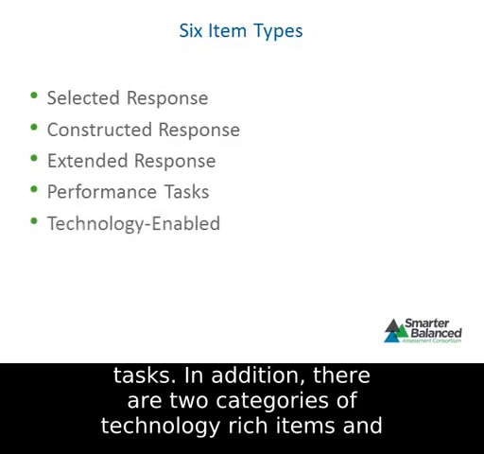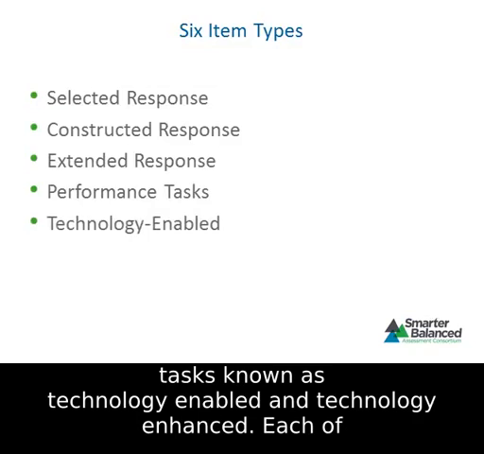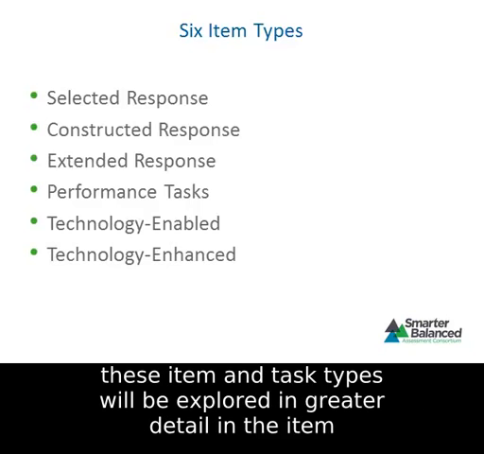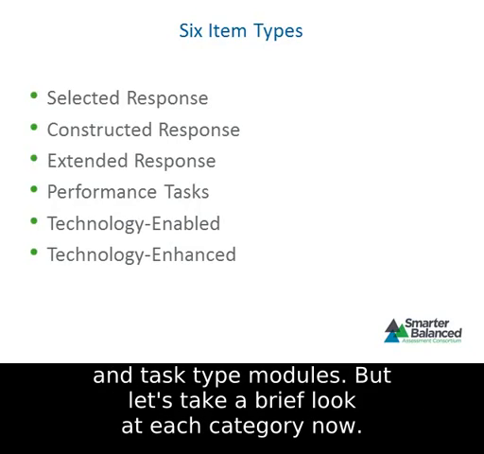In addition, there are two categories of technology-rich items and tasks known as technology-enabled and technology-enhanced. Each of these item and task types will be explored in greater detail in the item and task type modules, but let's take a brief look at each category now.